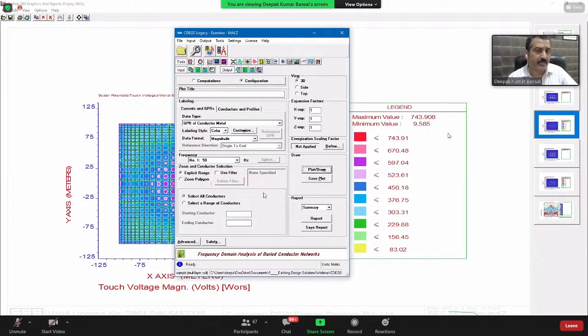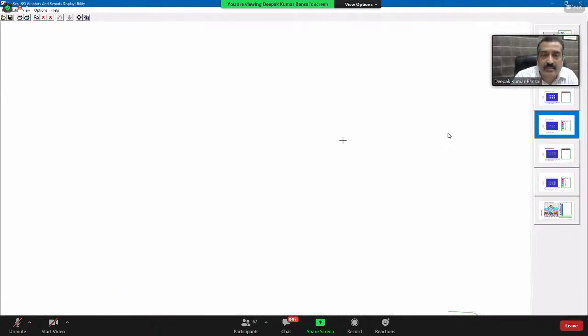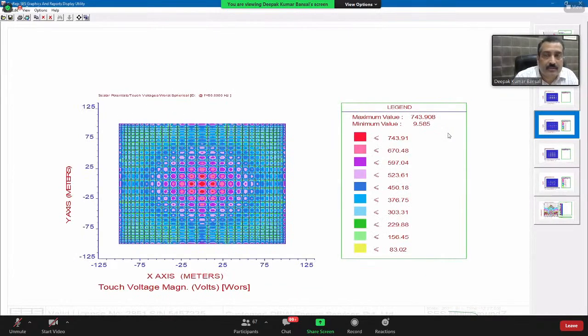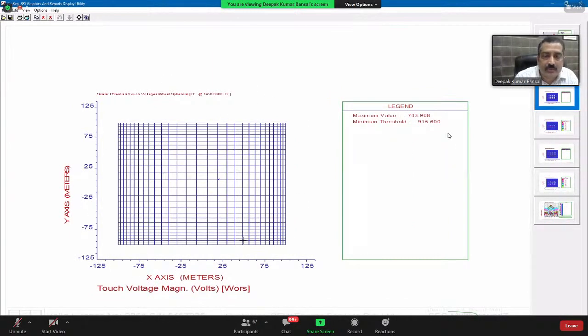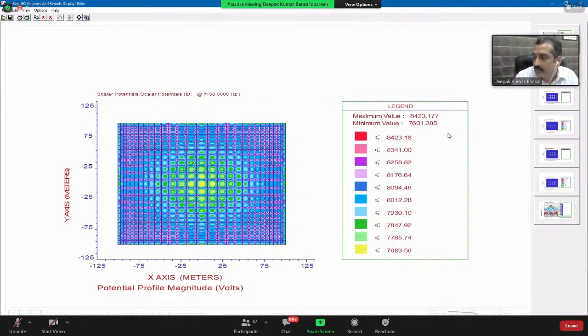One is the GPR of the conductor metal, and the other is the GPR of the ground, the earth surface. So the distribution of our surface ground voltages you have seen here. This is the potential at the ground. Now you will see what is happening in the conductor, the GPR of the conductor.